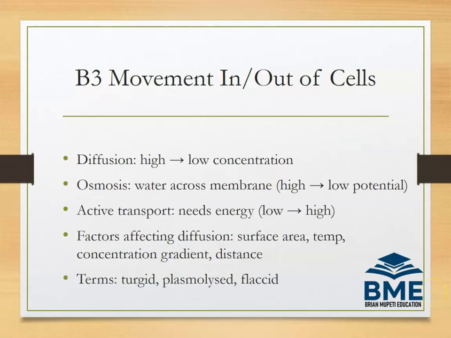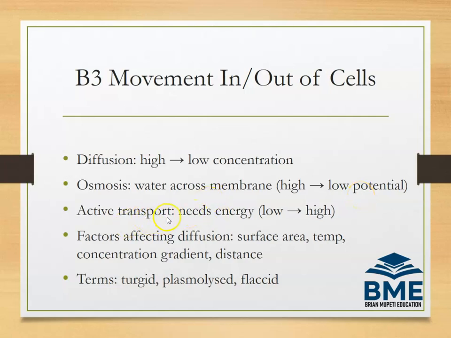To highlight the key points, diffusion talks about the net movement of particles from a region of their higher concentration to a region of their lower concentration, down a concentration gradient. Osmosis talks about the net movement of water across a partially permeable membrane from a region of higher water potential to a region of lower water potential.